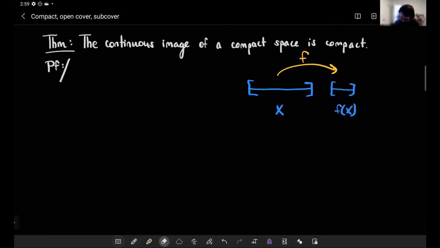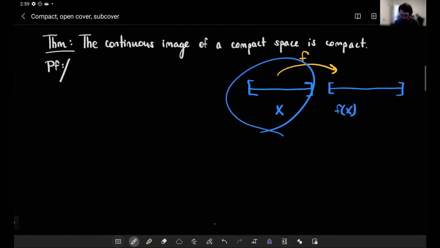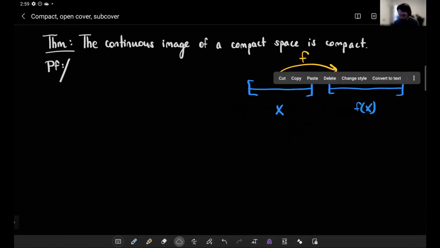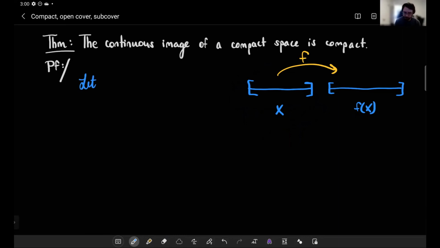To verify that, let's draw that a little bigger. F goes from the set X to its image, and we're assuming this set on the left is compact. How would I prove that this set on the right is compact? Well, again, we only have one definition of compactness, and that depends on some arbitrary open cover having a finite subcover. Okay, so let's start as usual.